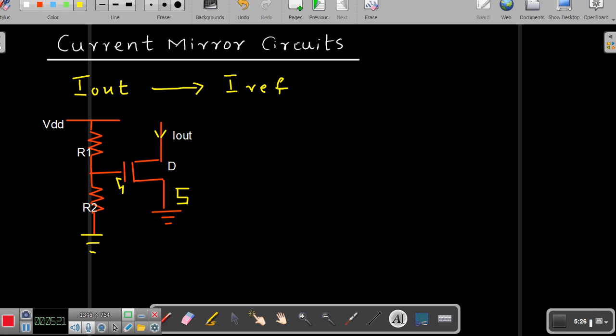The circuit in which the output current is forced to equal the input current.